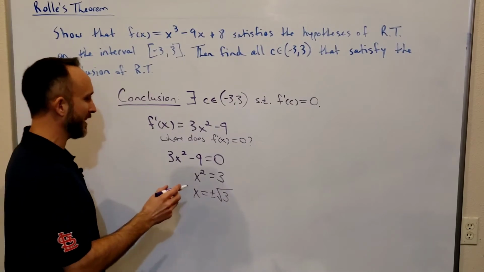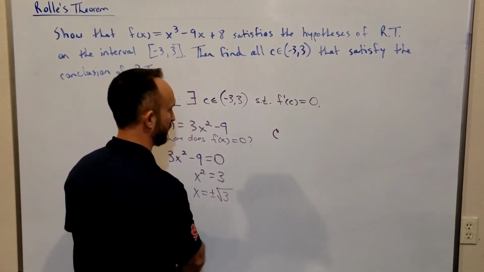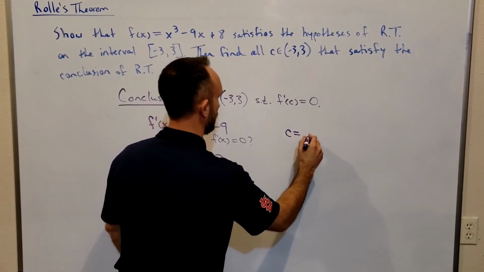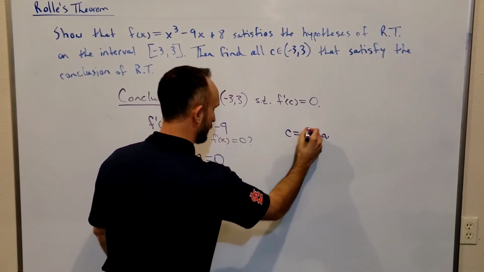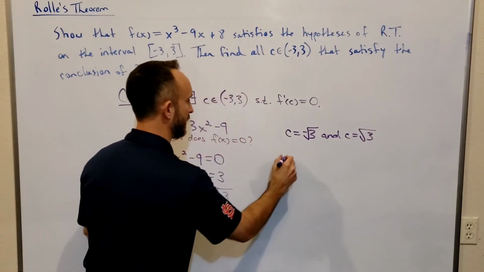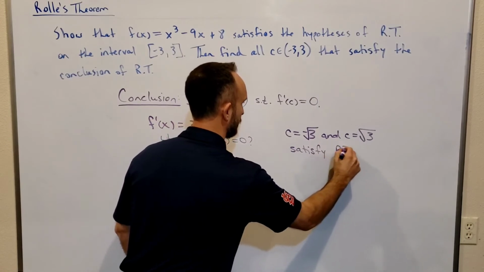So the two c values, let's write it this way. c equals negative square root of 3, and c equals the positive square root of 3 satisfy Rolle's theorem.